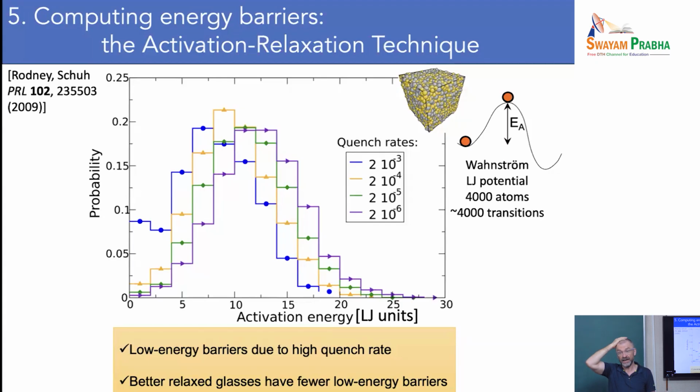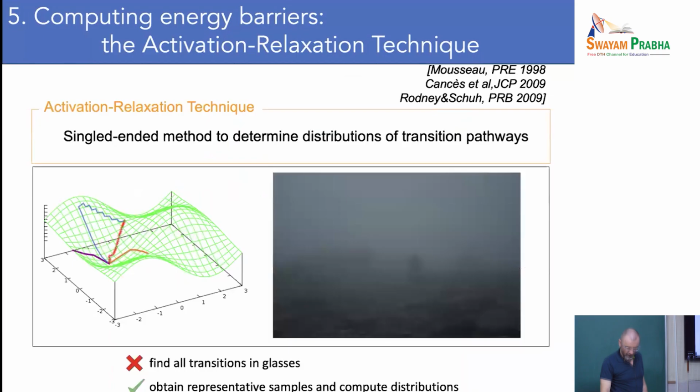And also, you're not going to have just one transition, you're going to have a whole continuous distribution of potential transitions for the system. So you have to compute not one energy barrier, but a whole distribution of energy barriers. To do that, you cannot use the NEB, or it's very difficult. So there are other methods.